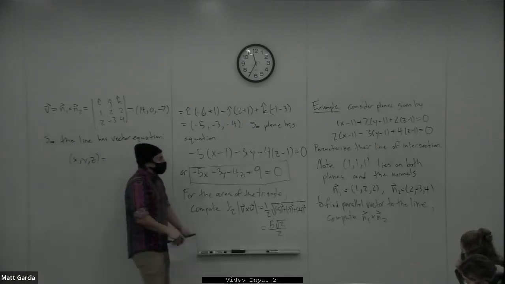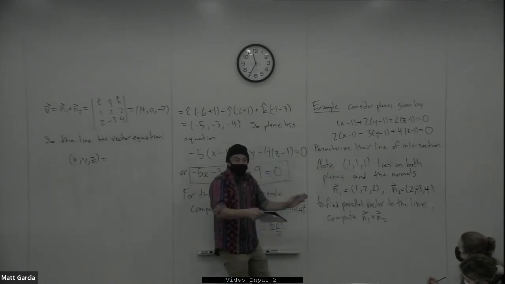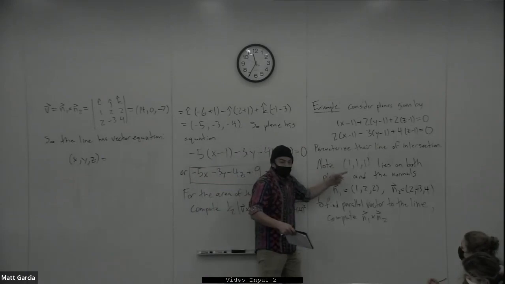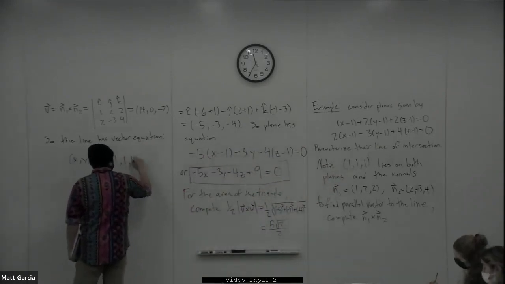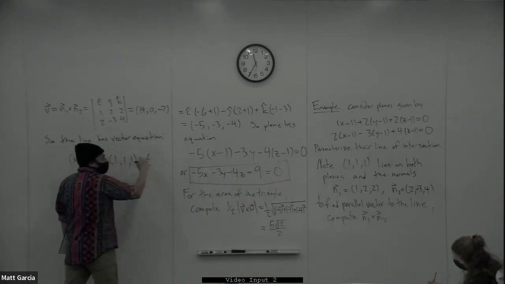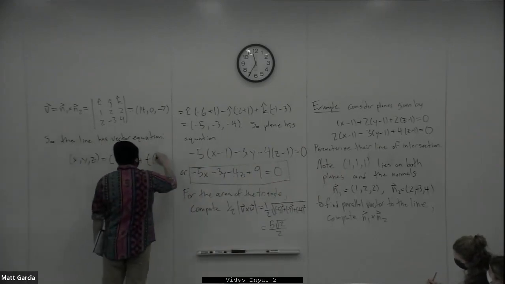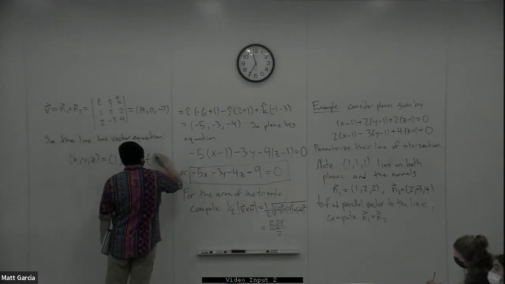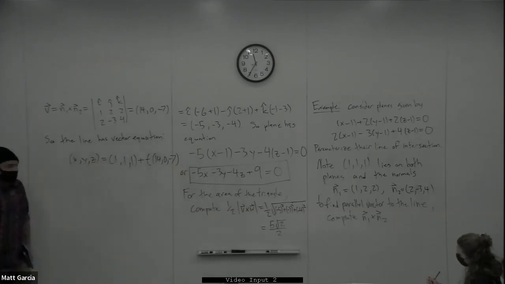Yeah, (1, 1, 1), because (1, 1, 1) is on both planes, and the line is where the planes intersect. So (1, 1, 1) must be on the line as well, plus our parameter t times our parallel vector. There you have it.